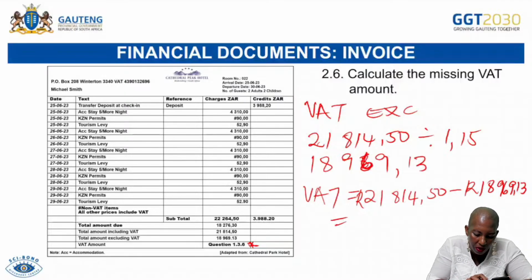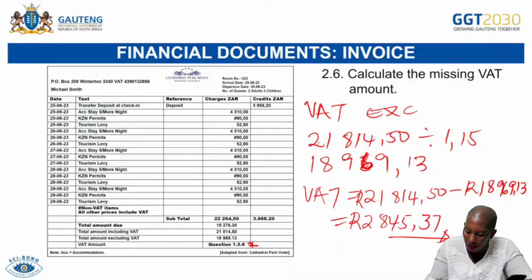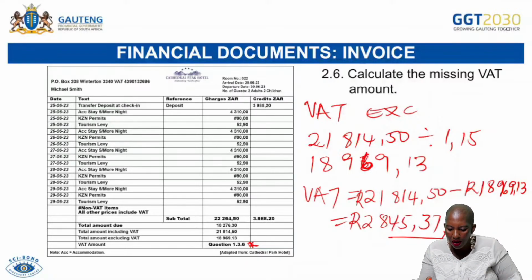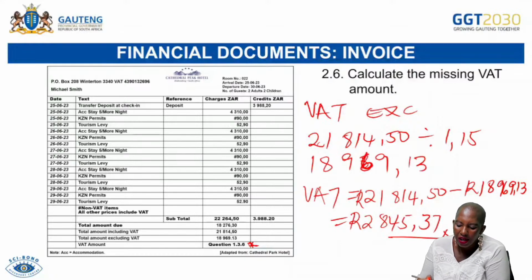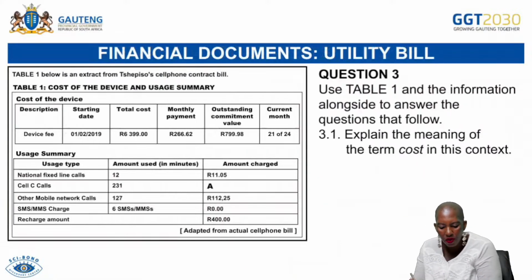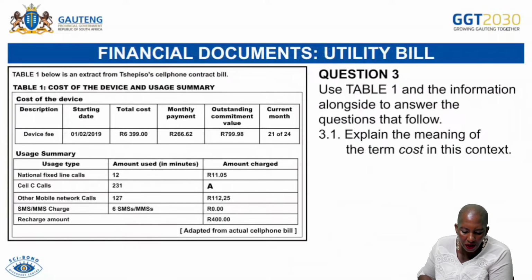Then my remaining amount will be 2,845 rand 37. I've just rounded off to 2 decimal places. So boys and girls, here it's so simple. Again, we are doing the VAT exclusive and the VAT inclusive amounts.